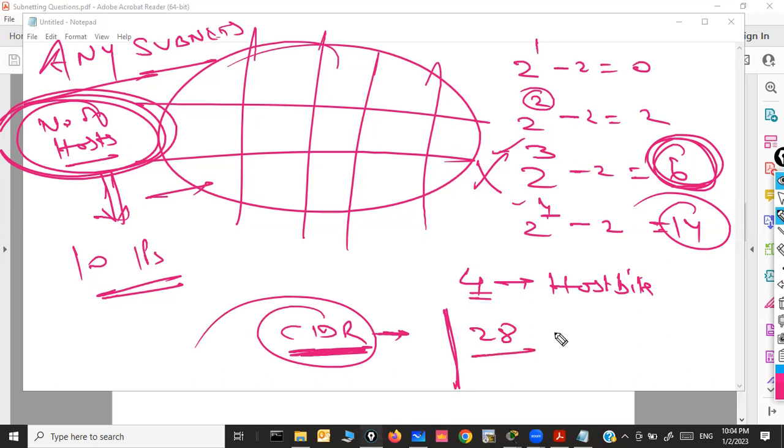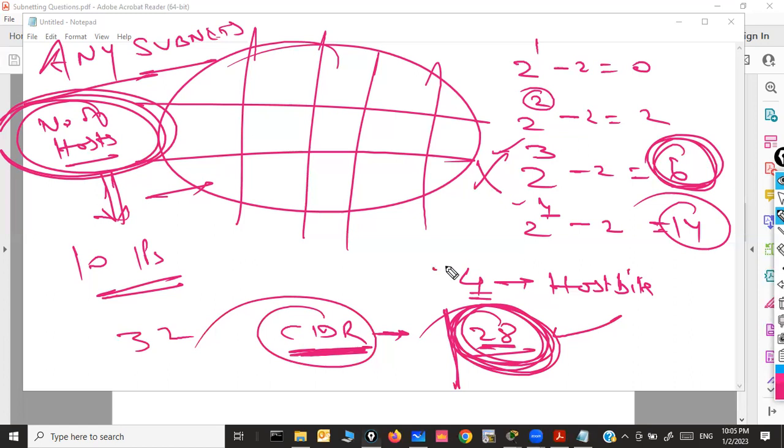28. Yes, correct. Because the total is 32, and the number that we use here defines the network bits, including subnet bits, as a whole network. Network bits can be further segregated into network and host bits. But whatever number we write down here is equal to network or subnet bits, right?